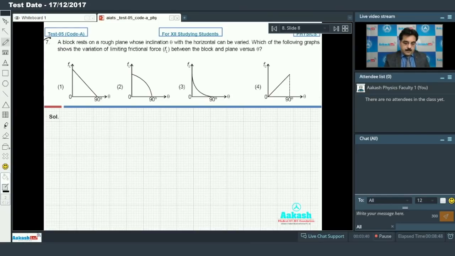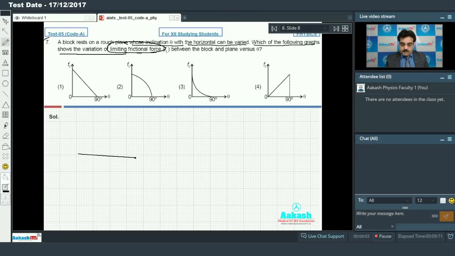If I go for question number 7, a block rests on a rough plane whose inclination theta with the horizontal can be varied. Which of the following graphs shows the variation of limiting frictional force? And we know the maximum value of static friction is called limiting frictional force.